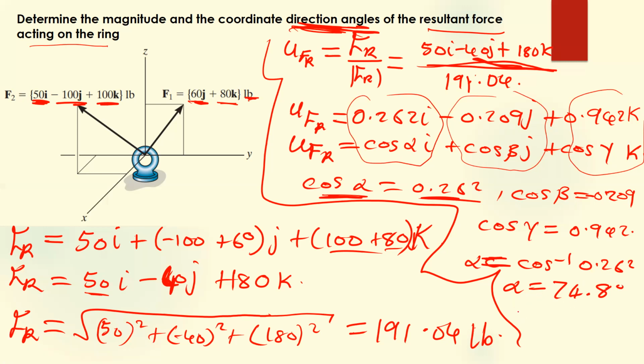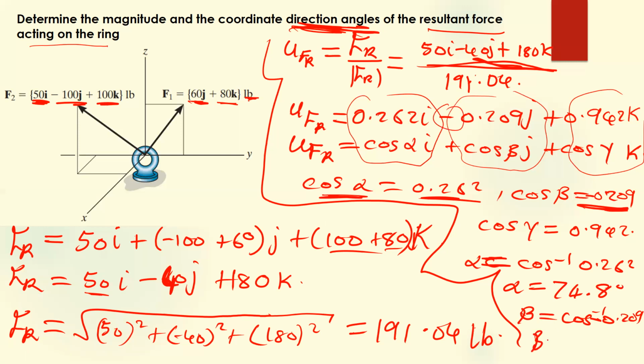And then to find beta, we say cos inverse of 0.209. Of course, there's a negative this side because there's a negative there. So we say cos inverse of negative 0.209. So we're getting 102.1.